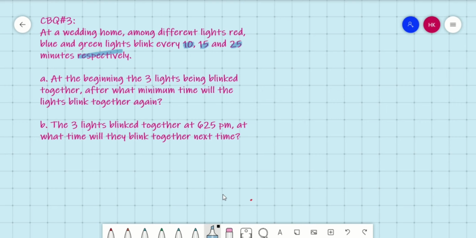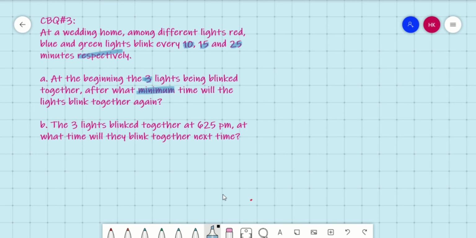At the beginning, the 3 lights being blinked together, after what minimum time will they blink together again? Blinks means on and off, on and off. You know that in a wedding home, the decoration lights are just for beautification, they just blink all the lights.